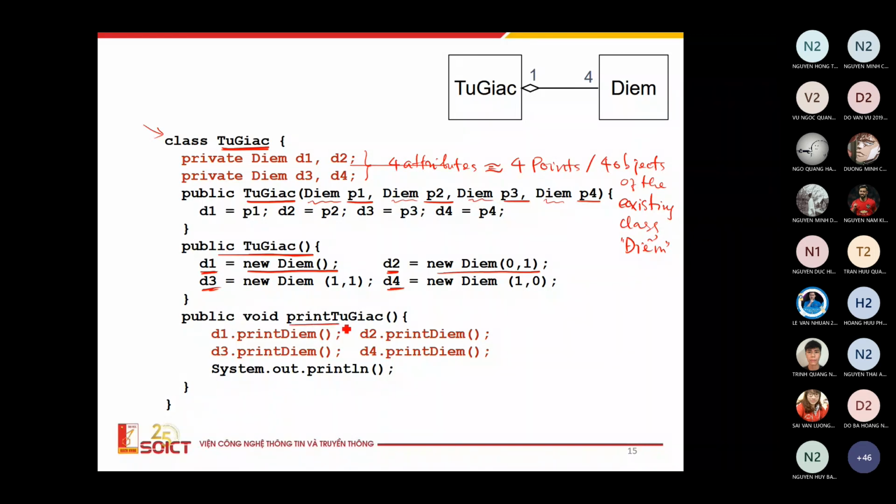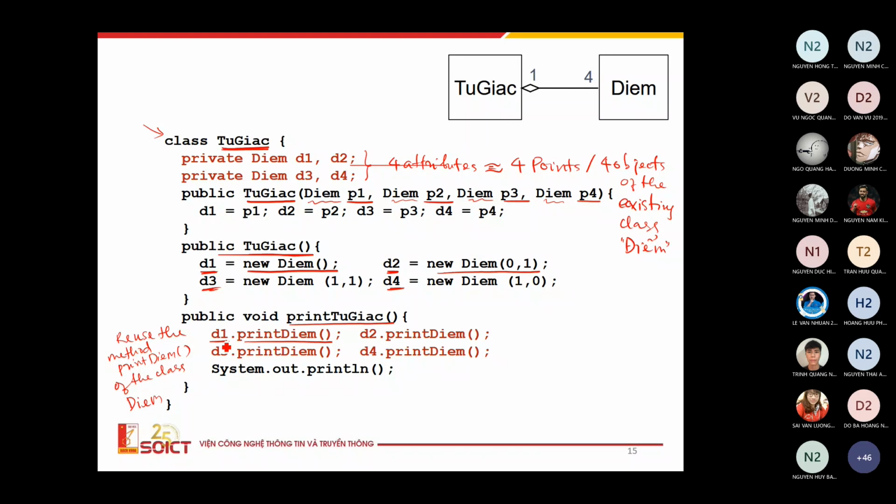And again, it can have a print method, which reuses the method print điểm of the class điểm.